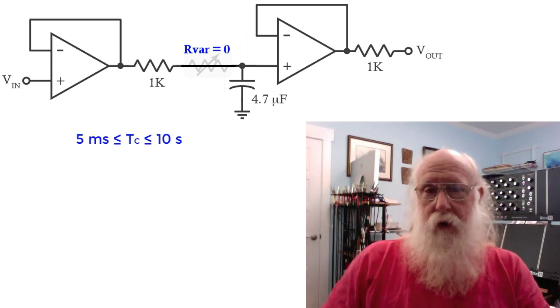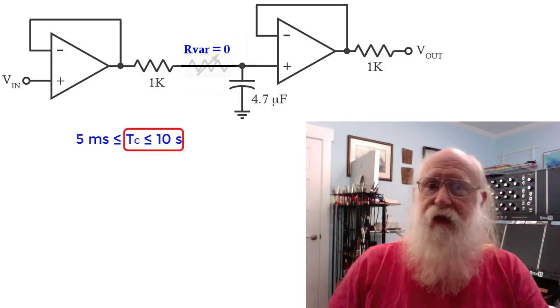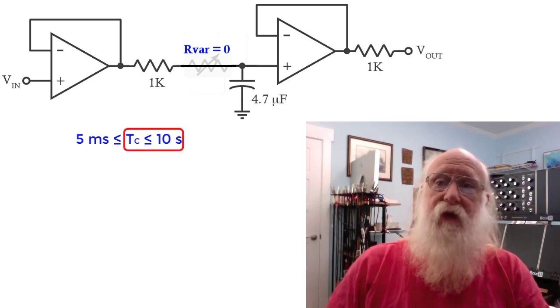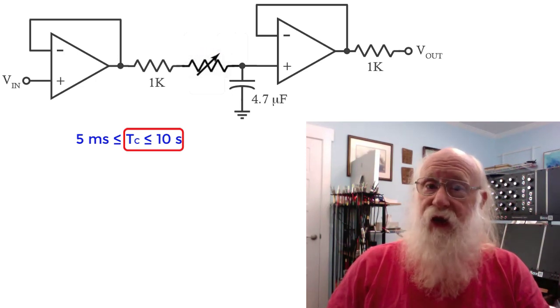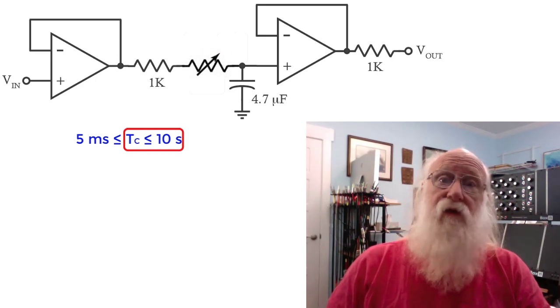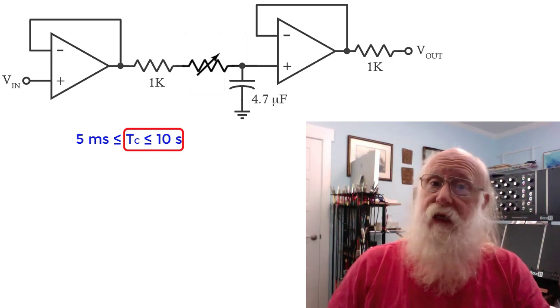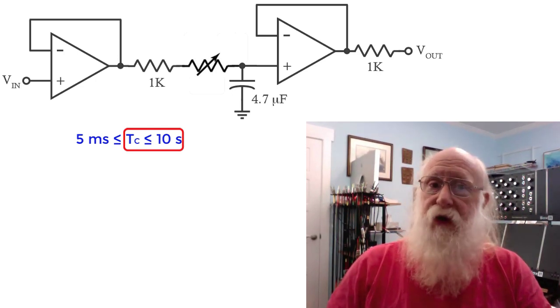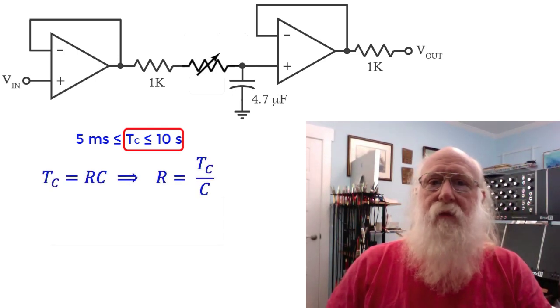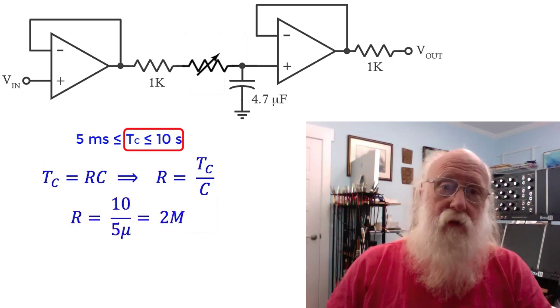For the upper range, the slowest slew rate of 10 seconds, we've got to reconsider the variable resistor. It's going to be set to its maximum value, and it's going to be very large. In order to get a 10-second time constant with that roughly 5 microfarad capacitor, the maximum resistance there needs to be 2 megohms.